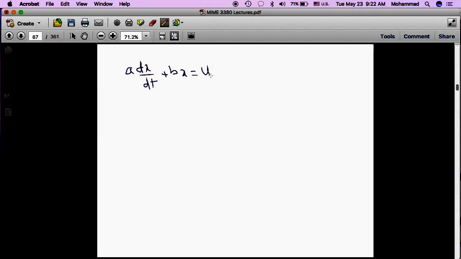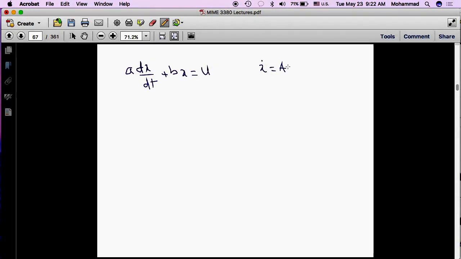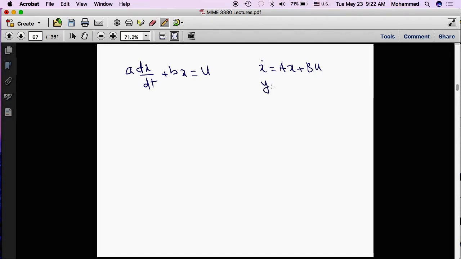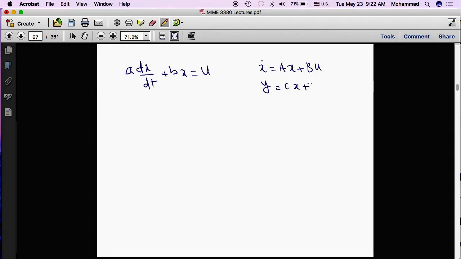It's a first order differential equation, and our goal is to take it into the form that has x dot as Ax plus Bu and y is equal to Cx plus Du. In other words, I want to know what A, B, C, and D are. Once I have that, I have my state space model.